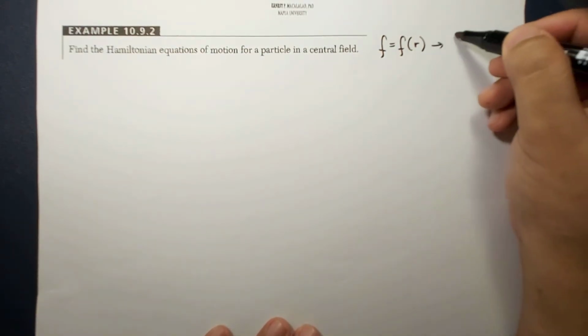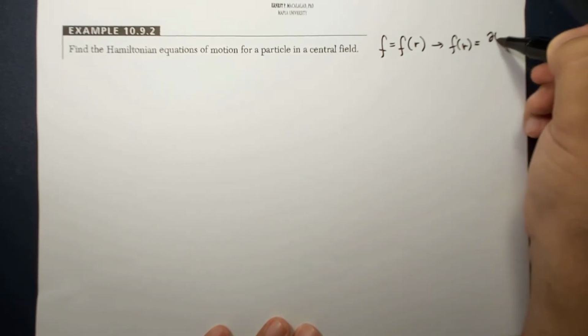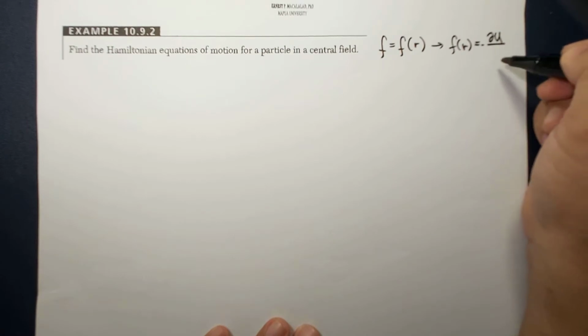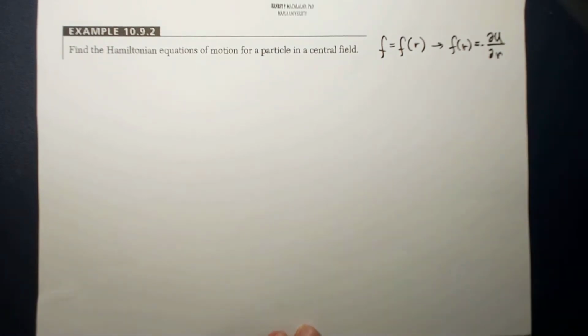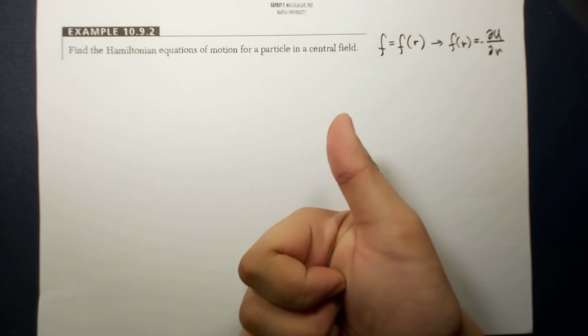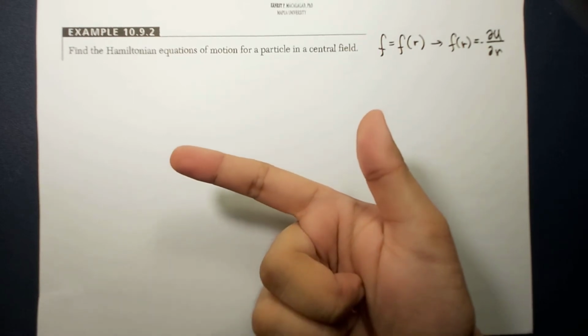This gives us that the force function is determined by the derivative of the potential energy with respect to r. Okay, and from our previous examples, we were able to determine the equation of motion using Newtonian mechanics, and you also determined this equation of motion using the Euler-Lagrange equation.